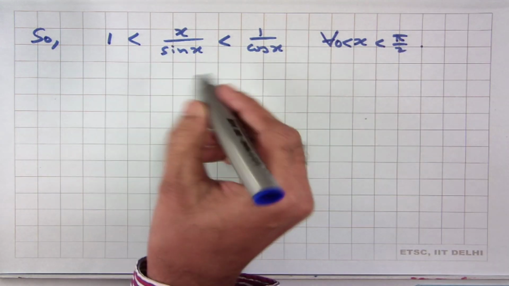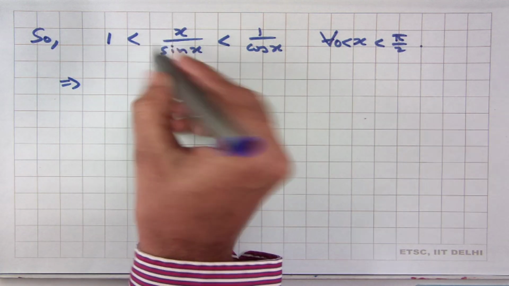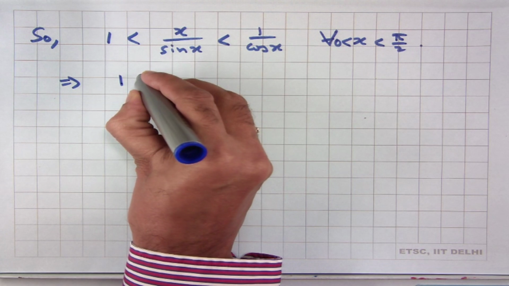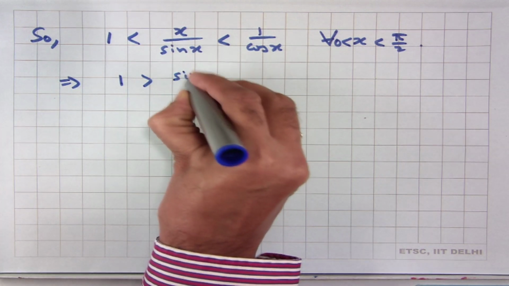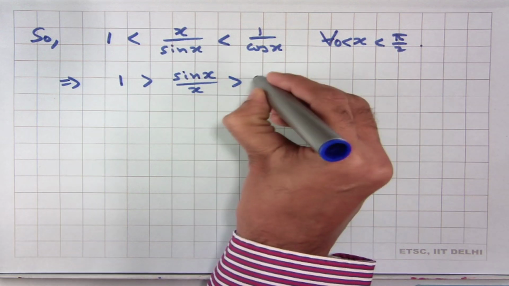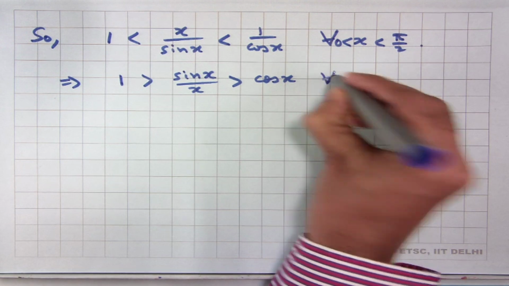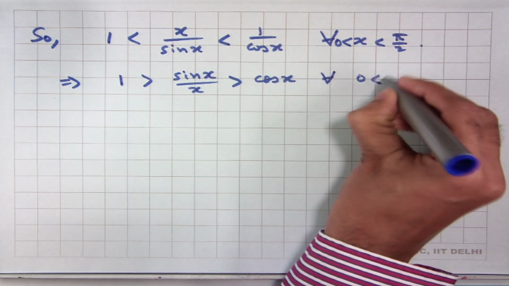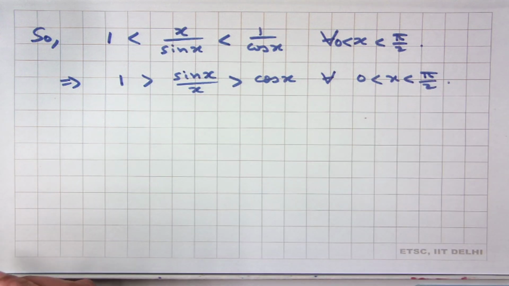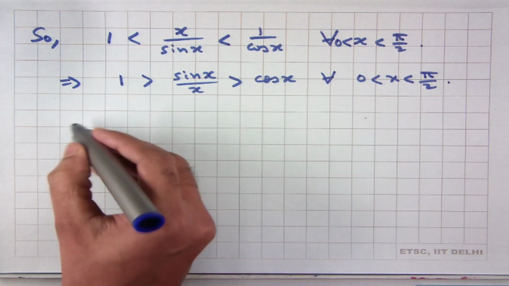Now, if we take the reciprocal, this implies that if I take the reciprocal, the inequality changes. So, we get 1 is greater than sin x by x, which is greater than cos x for all 0 less than x less than pi by 2. Right. So, this is a very important inequality. So, we have got that.